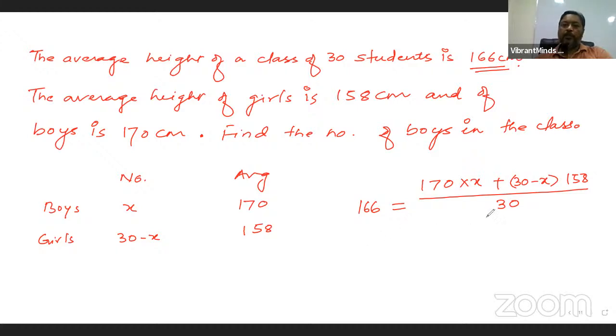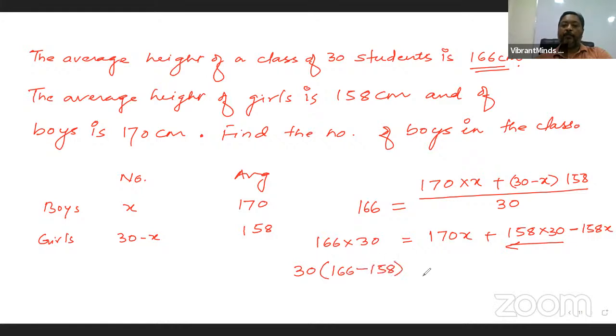Isn't it? So let's go over here. This is 166 into 30. This is 170x plus 158 into 30 minus 158x. Now take this. So 30, if I take common, it is 166 minus 158.